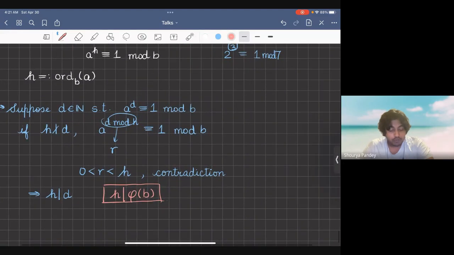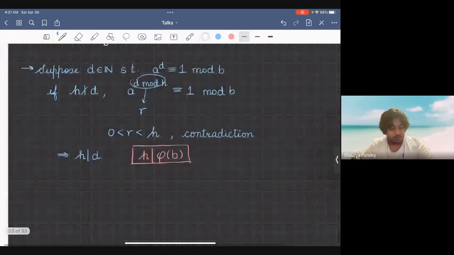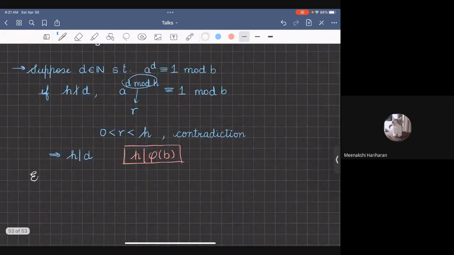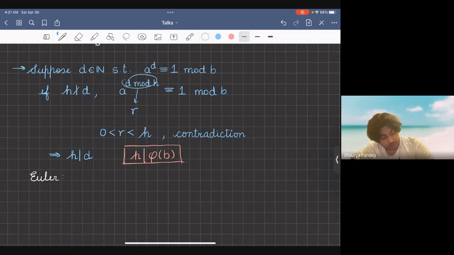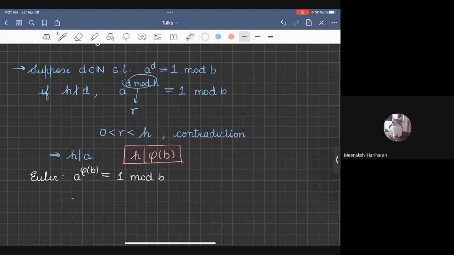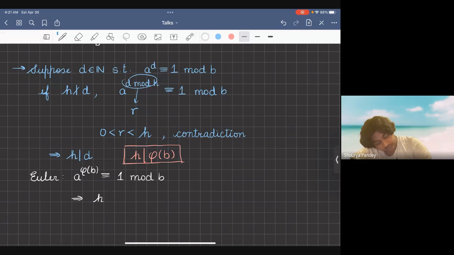Well, because note that by Euler's theorem, a to the phi of b is congruent to 1 mod b, right? And so this immediately means that h actually divides phi of b.